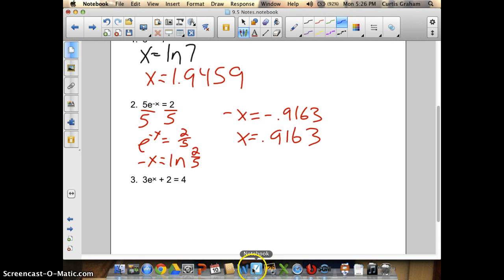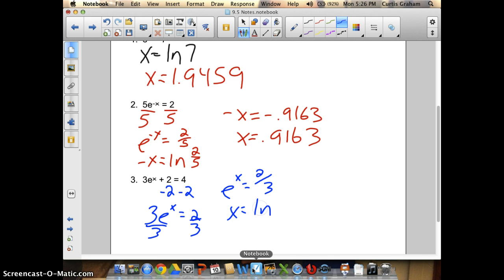Pause the video. All right, I'm going to start by subtracting 2. 3e to the x is equal to 2. Divide by 3. e to the x is equal to 2 over 3. Use logarithms to solve for the exponents.